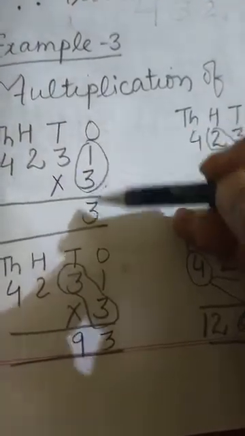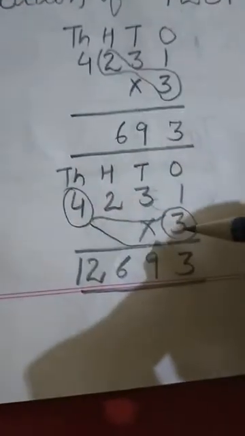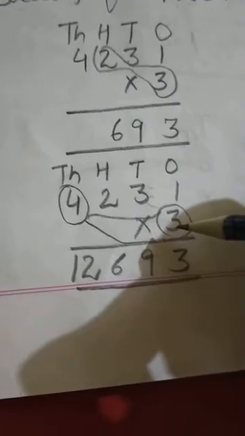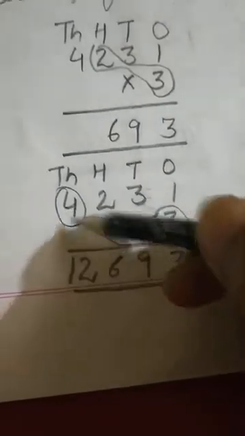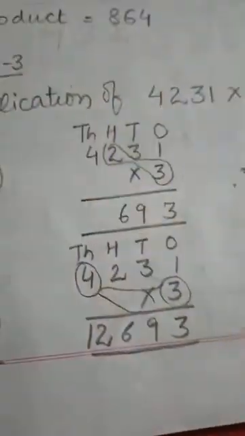Firstly we multiply the ones place: 3 ones are 3. Second, the tens place: 3 3s are 9. Third, the hundreds place: 3 2s are 6. Then on the fourth place, the thousands: 3 4s are 12. So the product is 12,693.